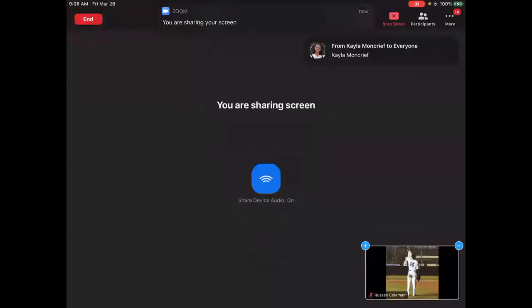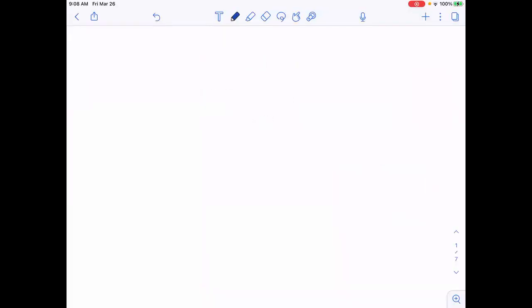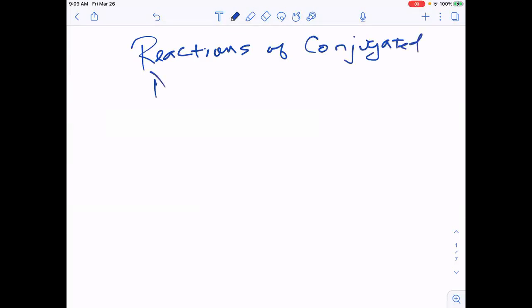Let's start out with addition, and we talked about conjugated dienes, and so we're gonna start a section dealing with reactions of conjugated dienes. Dr. Russell, is this supposed to be on the next exam or this exam? No, this part that we're doing today is on this exam, and then the other part will be on the next exam.